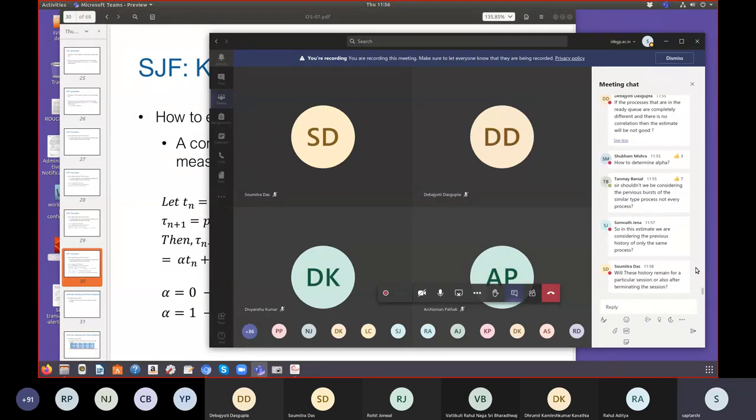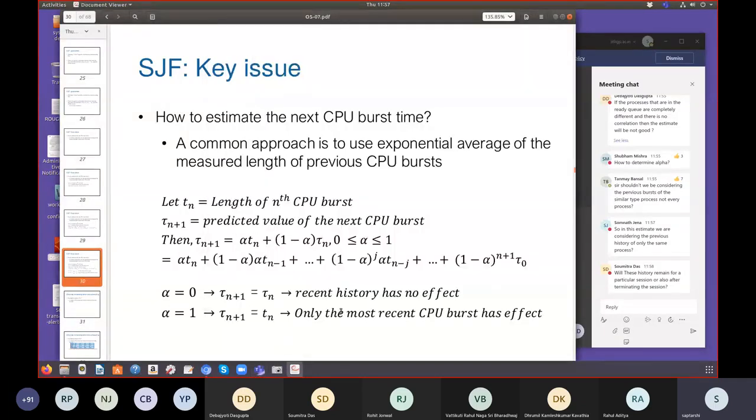Somnath, just to clarify, in what we have discussed, the estimate for a particular process is based only on the previous burst times of the same process. Whatever was discussed in this slide, the tau n plus 1 for a particular process is being estimated from the previous CPU burst times of that same process.